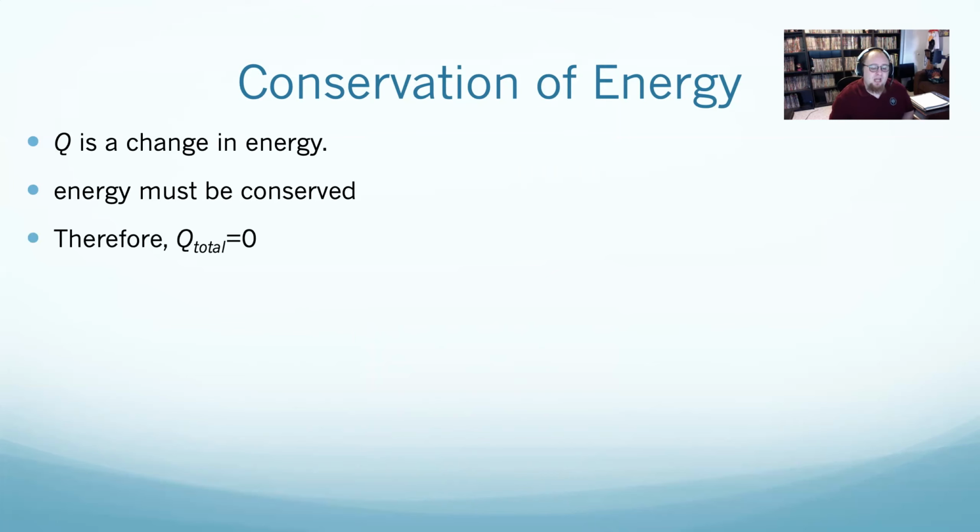This can be used anytime you take a hot thing and a cold thing and put them together. Right now in my drink, there's ice in here. When I put ice in this water, the ice melts and warms up, and the water gets colder. They both have a change in heat, but the total change in heat must be 0.